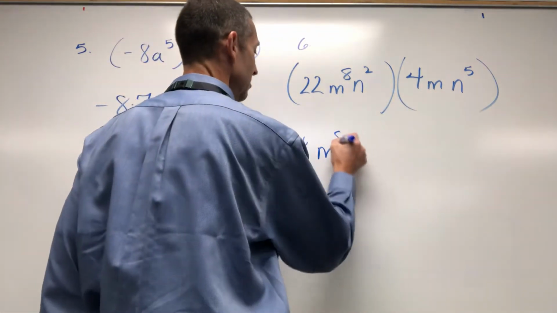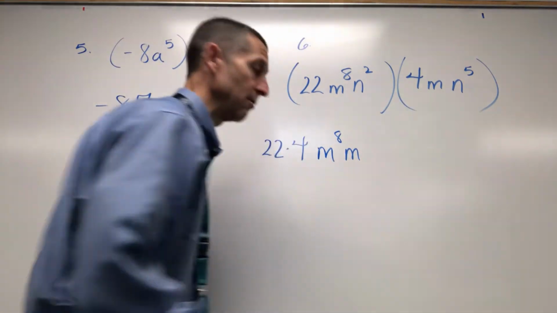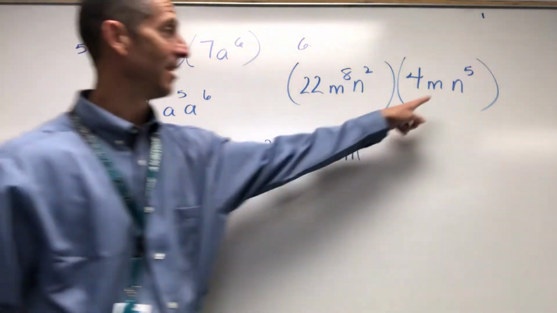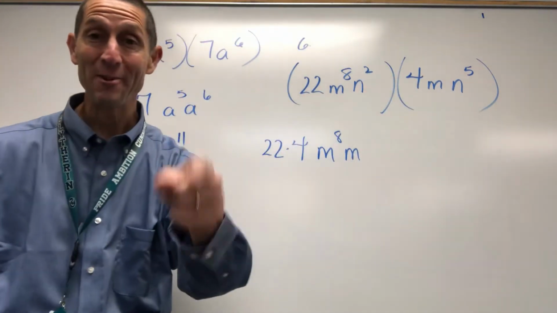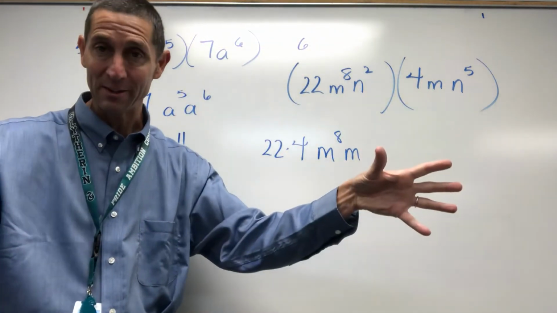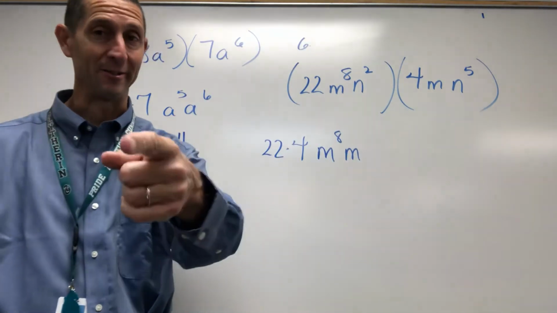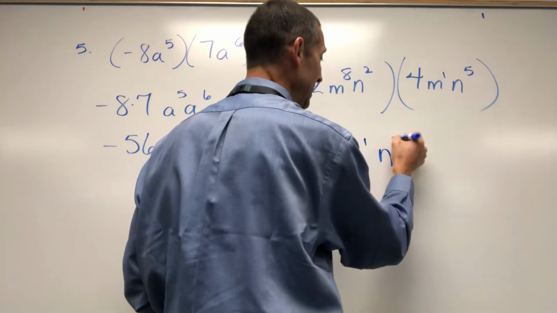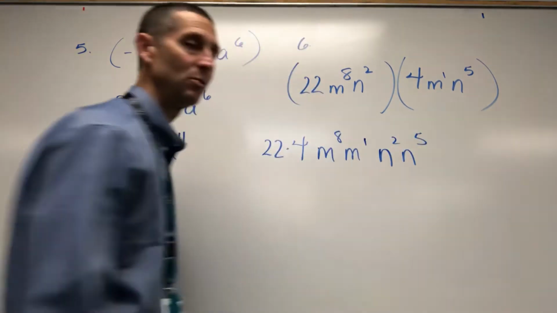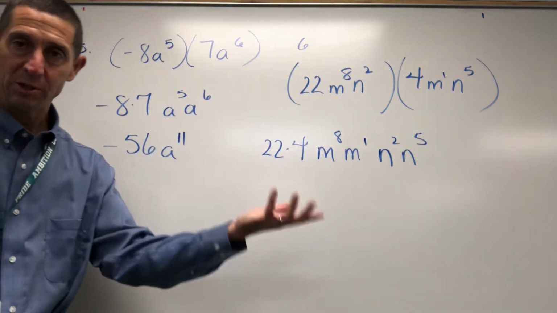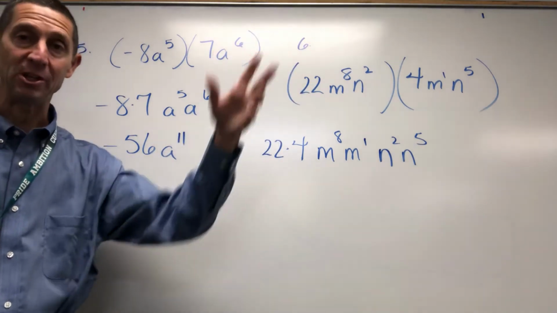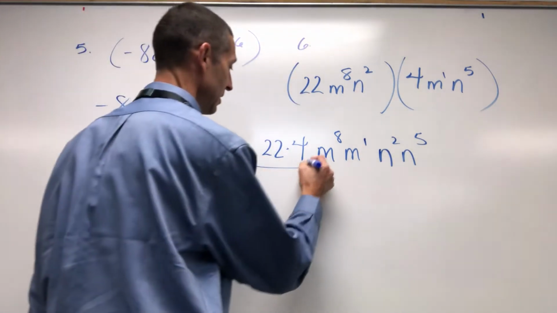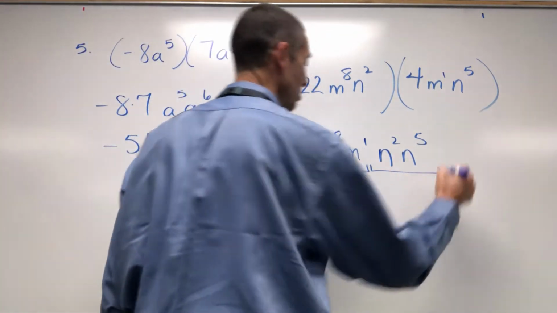So here's m. Now, I will ask you this. The m has no number there. If there's no exponent there, what do you put? Understood, 1. Yeah, so the 1 goes in. Then we have some n's, n squared, n to the 5th. So, Mr. Porter style of math: instead of one big giant question, we just break it up into smaller parts.